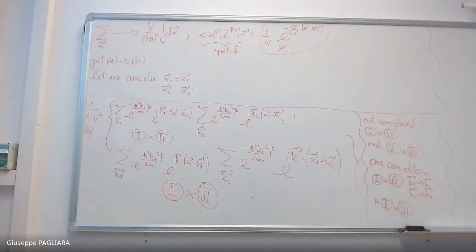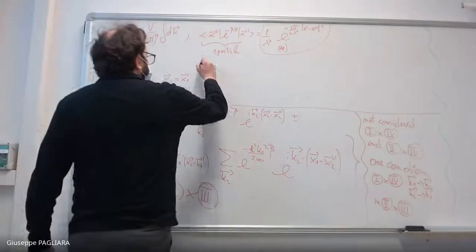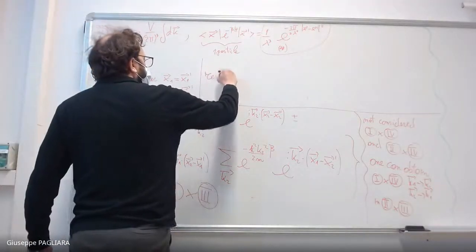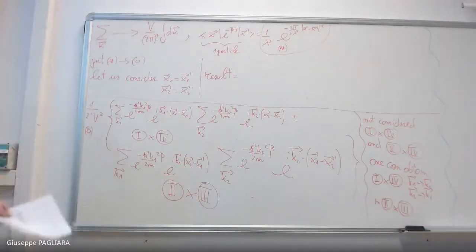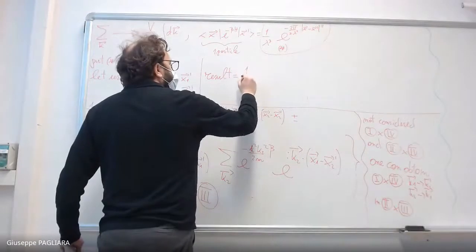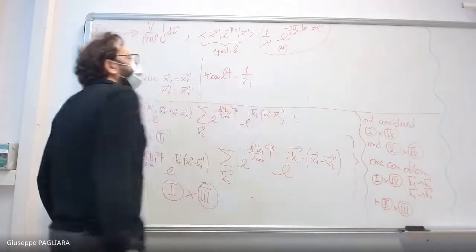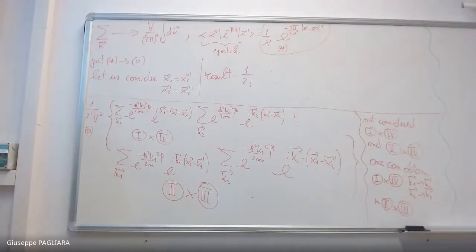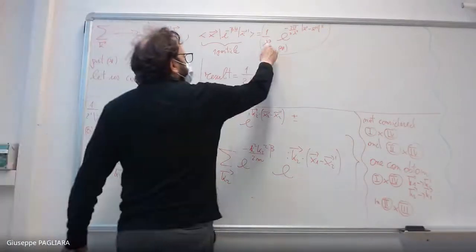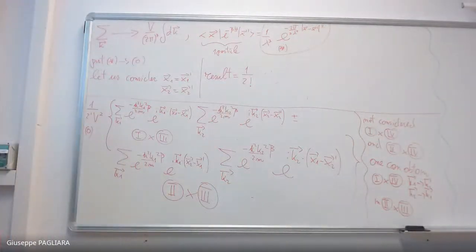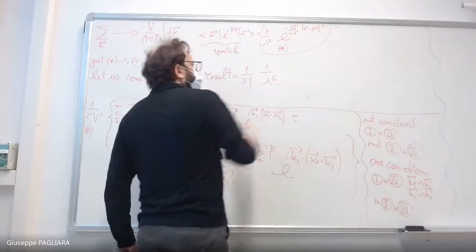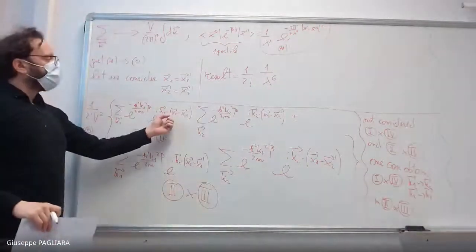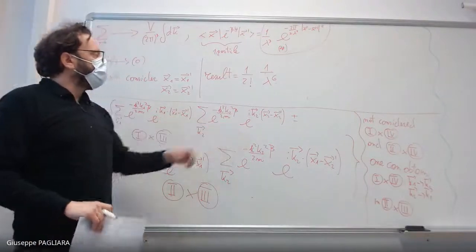Okay. So now the result should be the following. I have this 1 over 2 factorial, which was the basic reason for doing this calculation. Well, not only this one, of course. And then I have a lambda squared, lambda cubed squared, which is 1 over lambda to the power of 6, because I have a lambda cubed coming from here, lambda cubed from here.